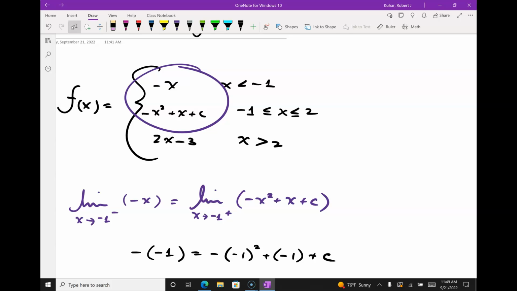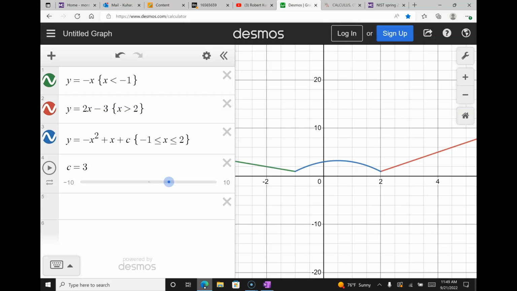Right? Look at my graph. That's the left-hand function. So when I'm left of -1, I'm using that green function. When I'm right of -1, I'm using the blue function. When I'm right of positive 2, I'm using the red function.